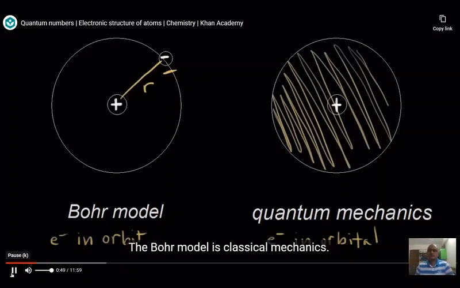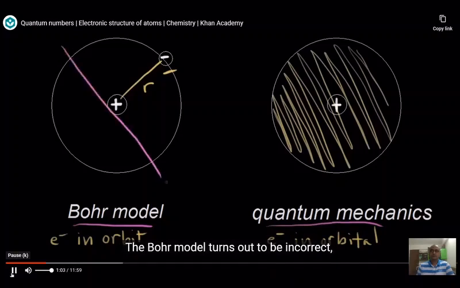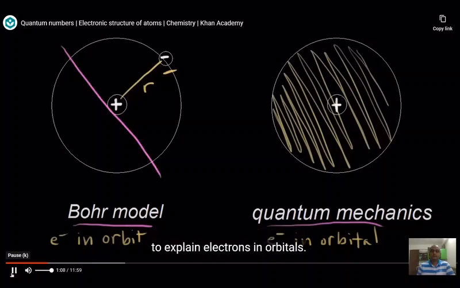And so we have these two competing visions. The Bohr model is classical mechanics: the electron orbits the nucleus like the planets around the sun. But quantum mechanics says we don't know exactly where that electron is. The Bohr model turns out to be incorrect, and quantum mechanics has proven to be the best way to explain electrons in orbitals.